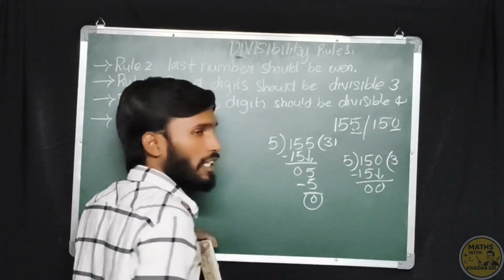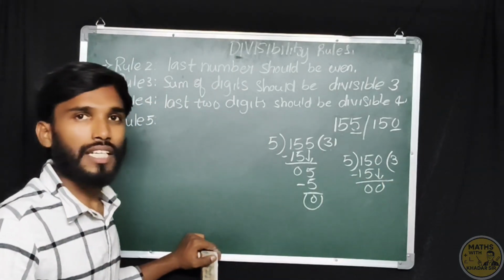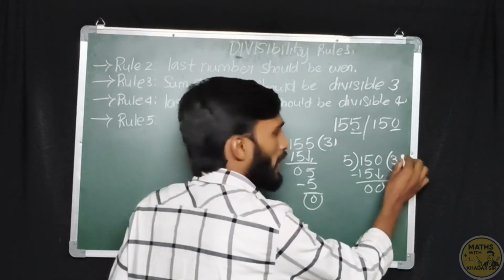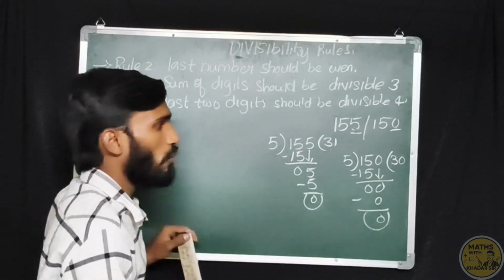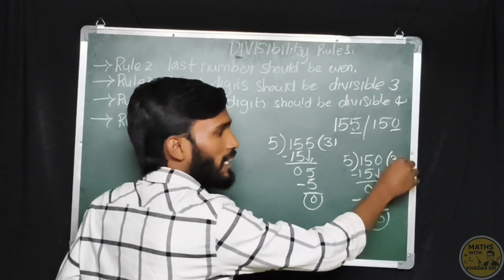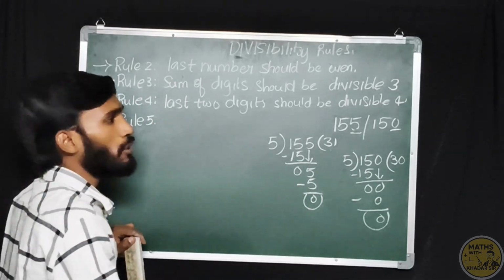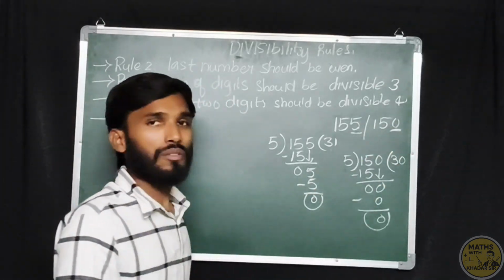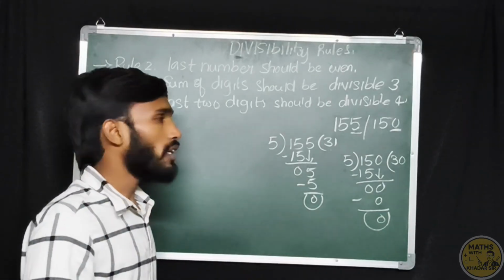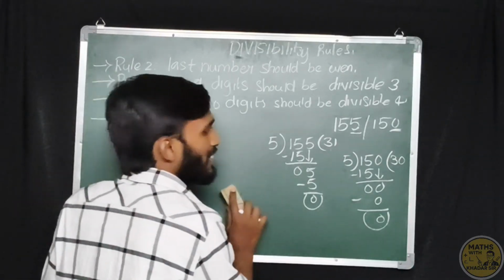Now write down that 0. 0 divided by 5, how many times? 0 times. Subtract, and 0. Now 150 divided by 5, how many times? 30 times. That means in a number where the last digit is either 5 or 0, the number is divisible by 5. And that is what the divisibility rule of 5 states.